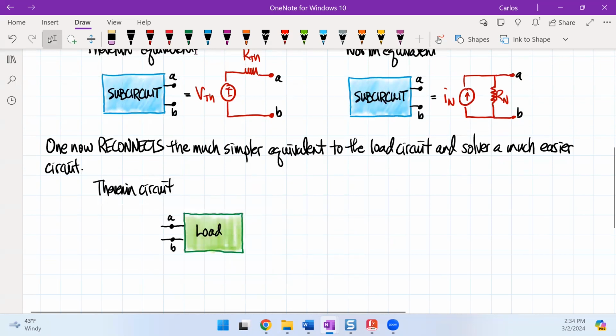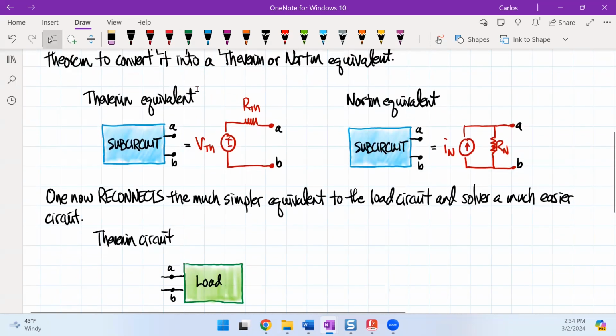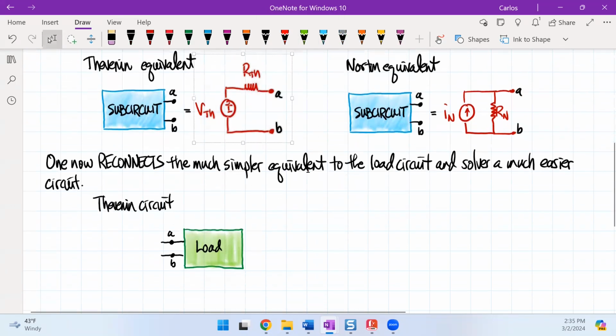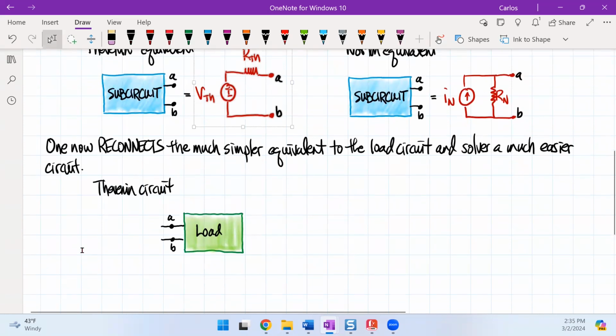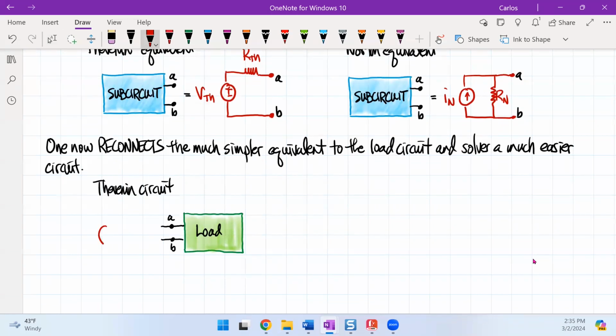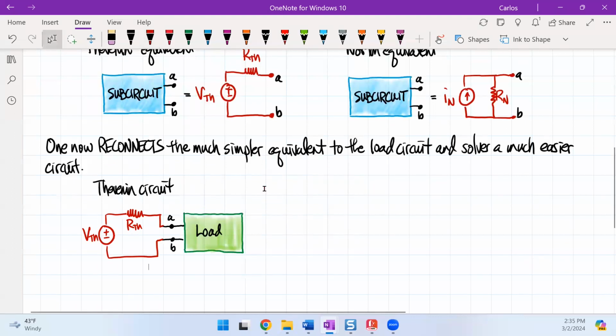Now I'm just going to draw this: a voltage source with a resistor connected to here. This is a considerably easier circuit, right? This is a considerably easier circuit.